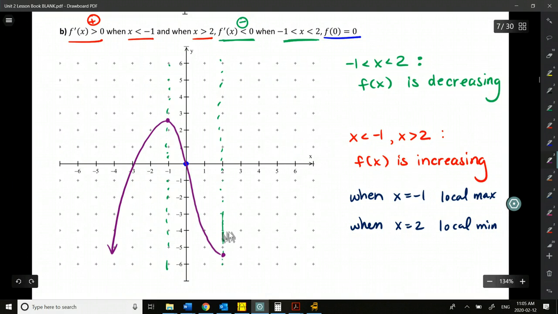Again, I don't know where it is. I'm trying to make this somewhat symmetrical because it's a cubic, and then it starts increasing after that. So something like this.